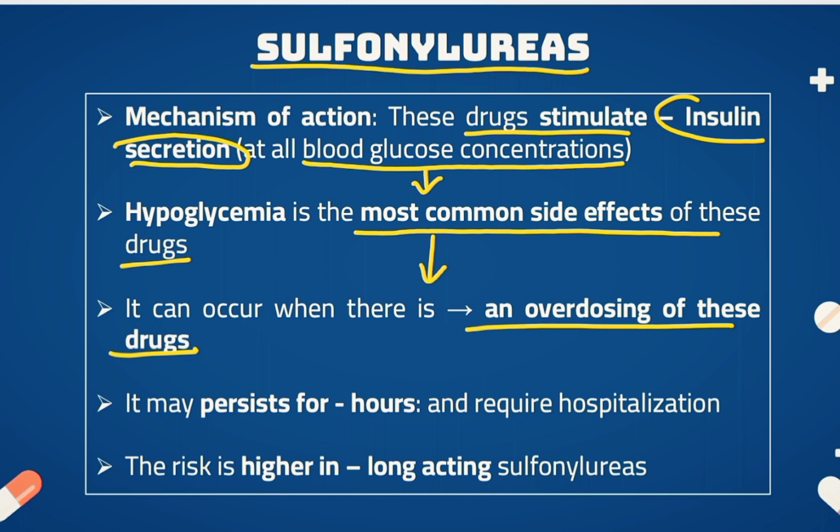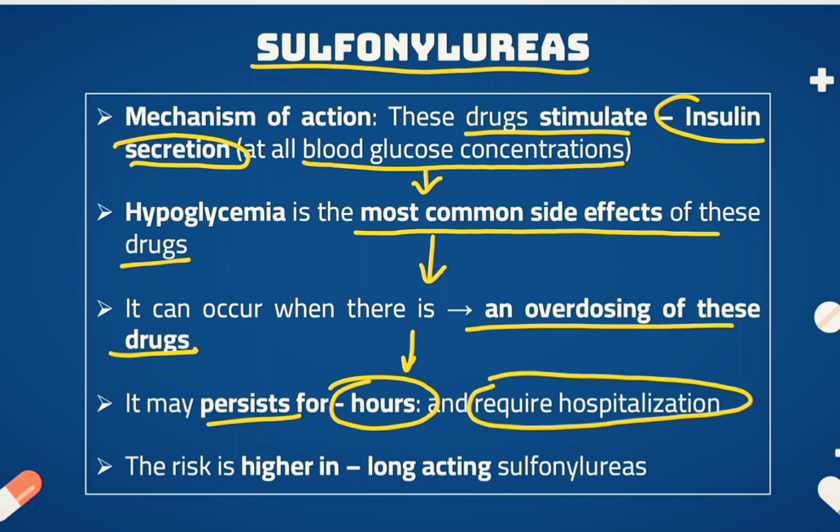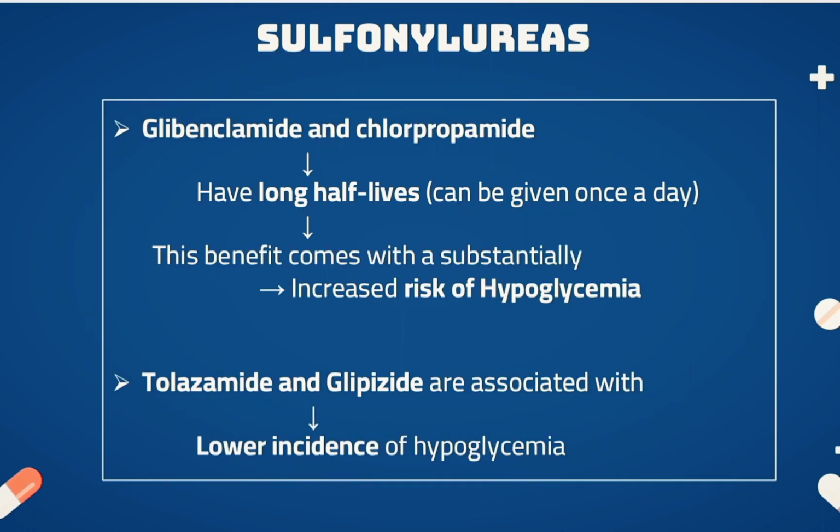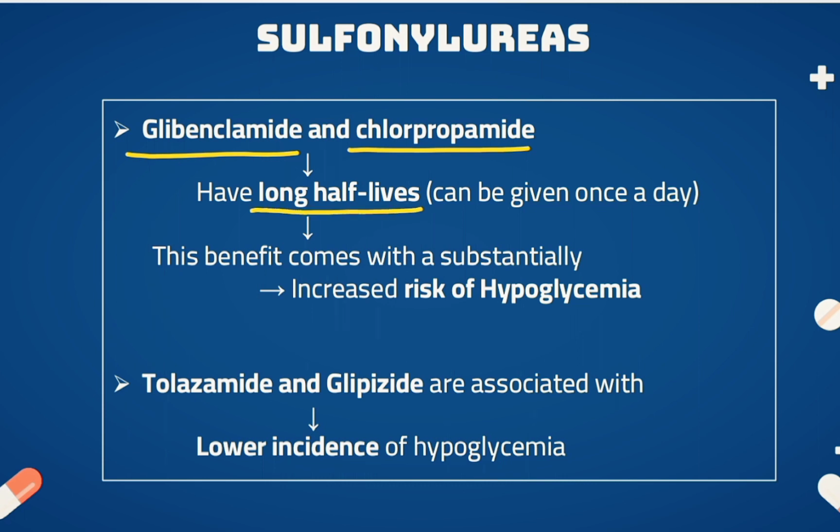This hypoglycemia due to sulfonylureas may persist for hours, and because of that the person may be required to be hospitalized. The risk of hypoglycemia is higher with long-acting sulfonylureas, as usual. Out of these sulfonylurea drugs, glibenclamide and chlorpropamide have long half-lives.